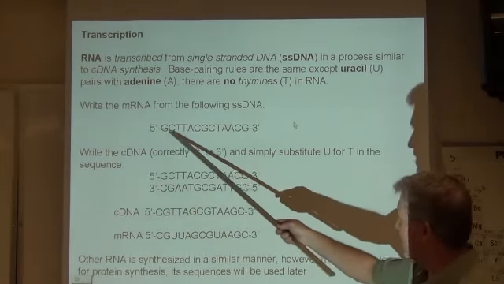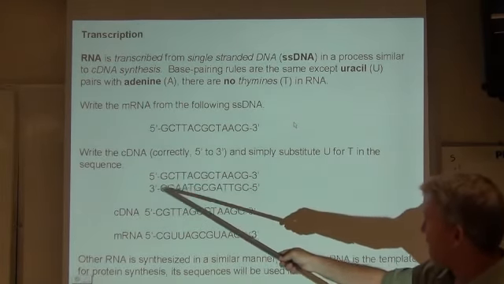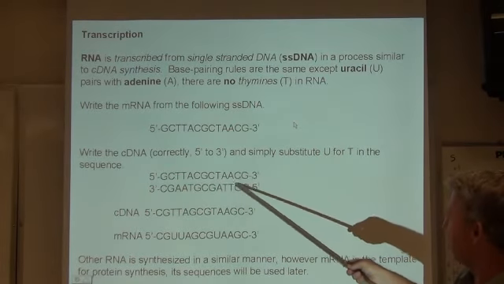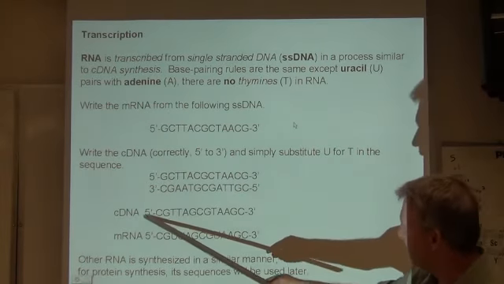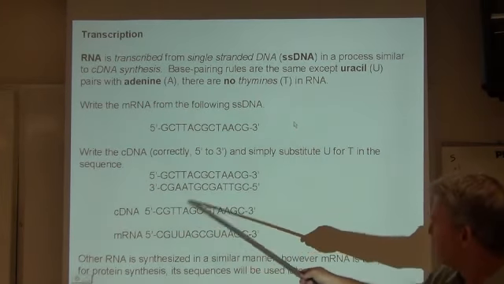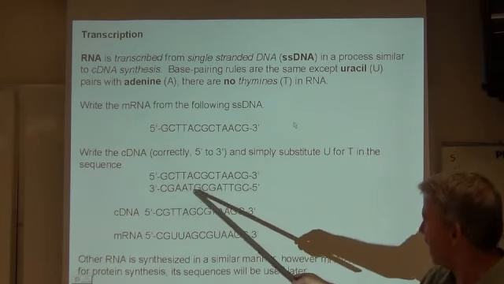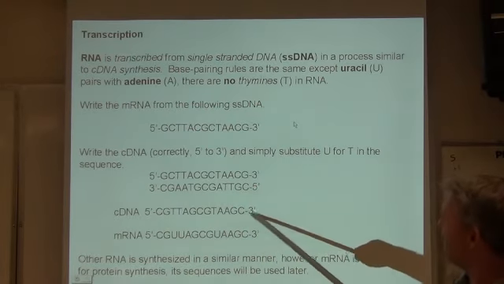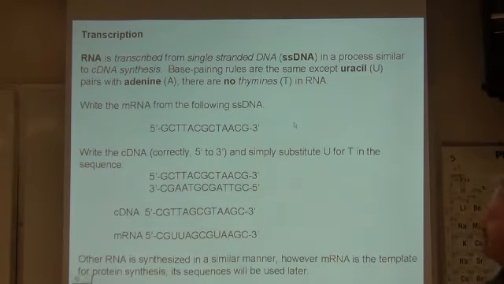So here's my segment, okay? I follow Watson and Crick base pairing rules, and I put my complementary strand, right? I flip it. I flip it, put it in the right direction. Then, wherever there's a T on here, I simply substitute in a U. And that's how I get my messenger RNA. That's how I do it.